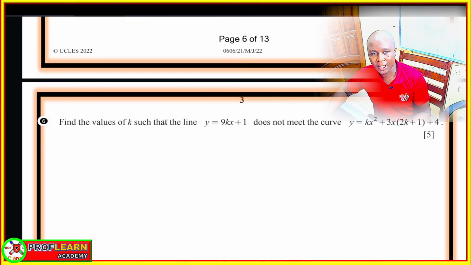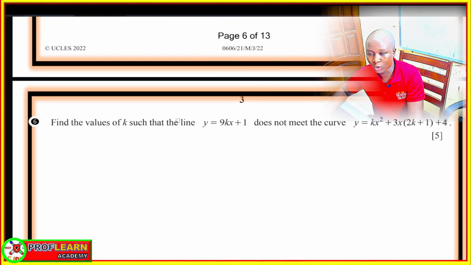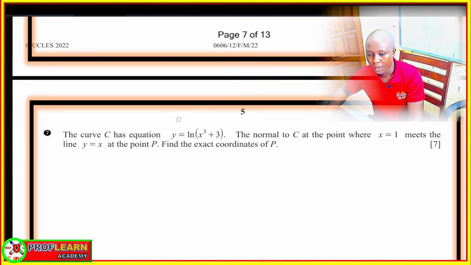Questions to do with curves, discriminant, intersecting, not intersecting, are areas very ripe to be tested in 2026, because we actually saw that trend from 2025.